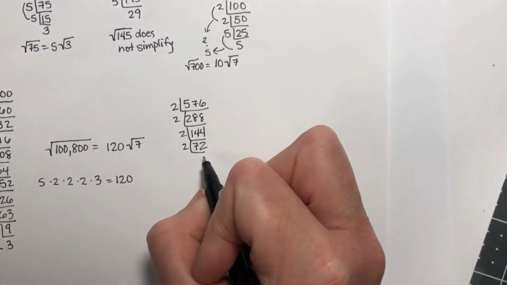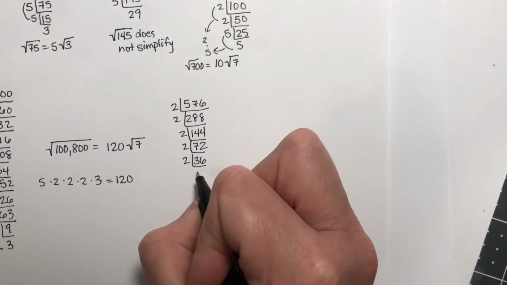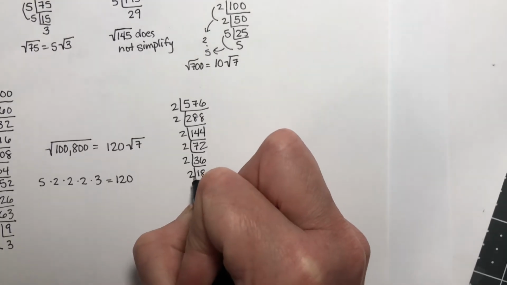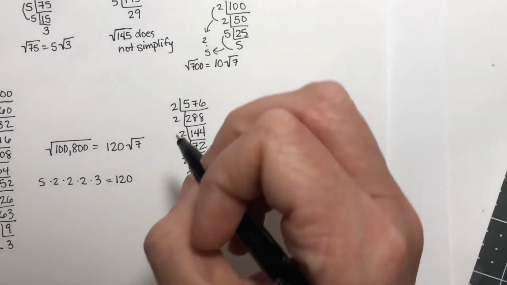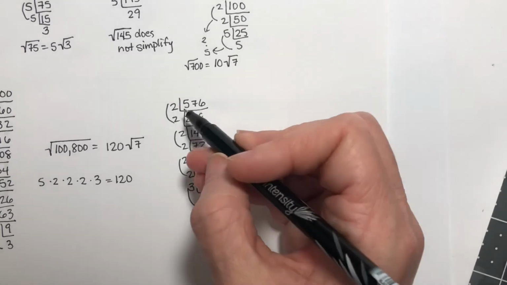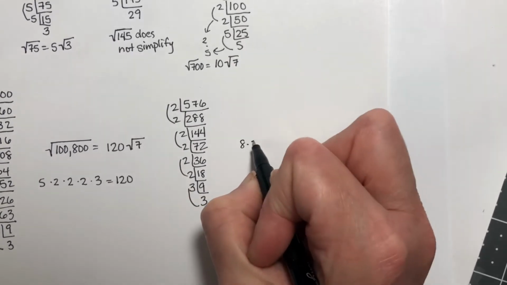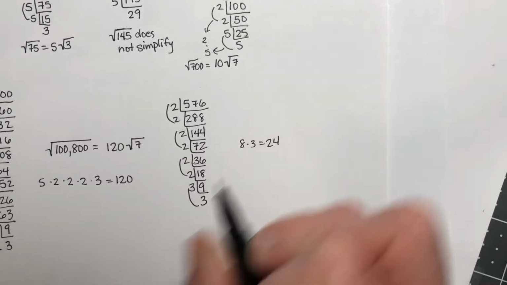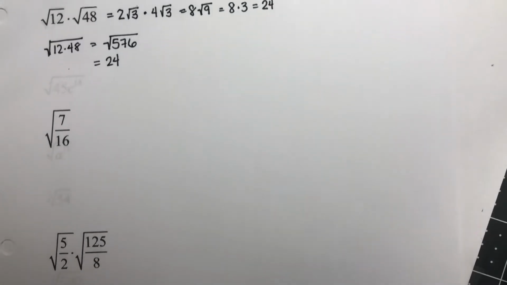And then 2 again is 36. And then 2 again is 18. And then you get a 9, which is 3 and a 3. So your pairs, everything pairs off. You have 2 times 2 times 2 times 3, which is 8 times 3, which is 24. It works either way. Okay, so let's go on to the next one.